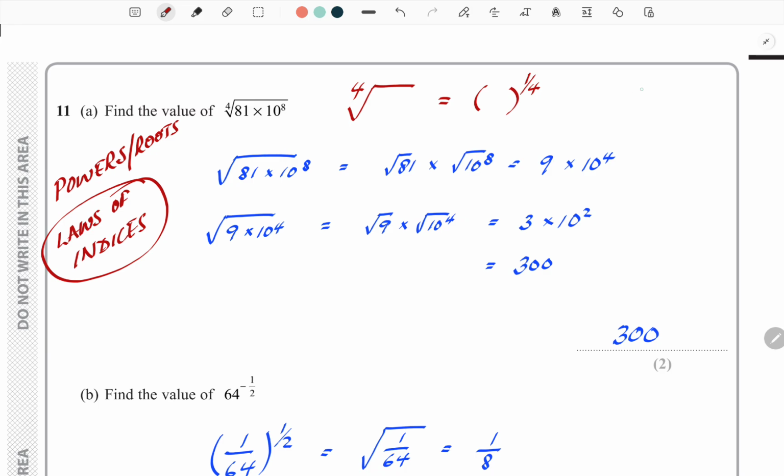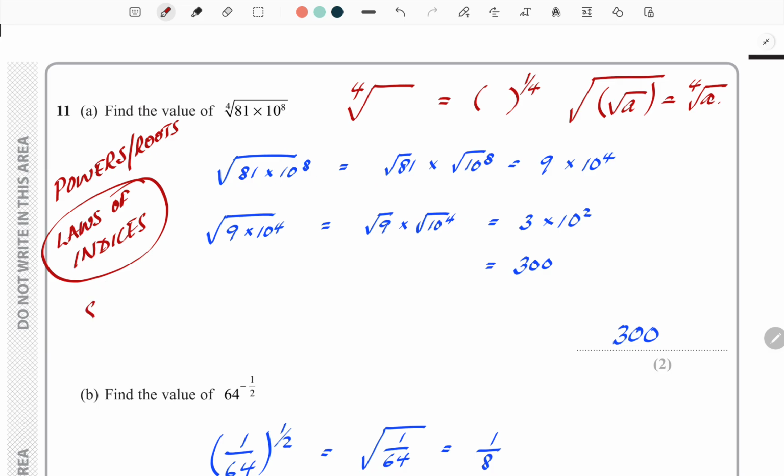If you square root a number, and then whatever that result is, you square root it again, then you are getting the fourth root of the number. So fourth root is square root and then square root again. So that's how we're going to approach it. I think that's a simpler version of doing this. So the square root of 81 times 10 to the power 8, you can split that up.